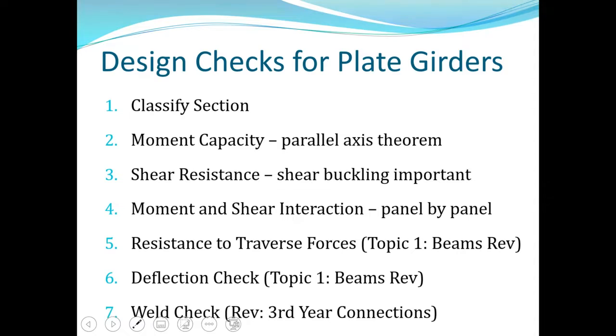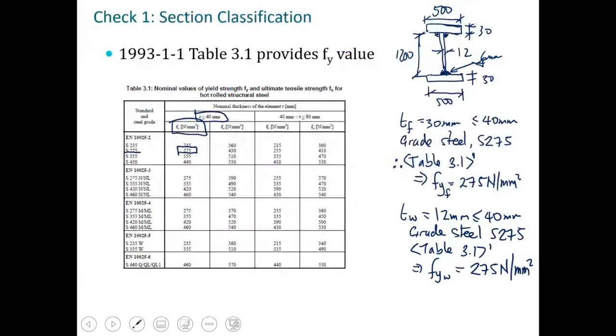So classification of the section is going to be the same as for example 1, because it's the same cross-sectional shape. Even though we have the stiffeners further apart, it's the same cross-sectional shape, so therefore section classification is the same. So for section classification, we go to table 3.1 in Eurocode 3, part 1-1. First that's going to provide us what the yield strength of material is.